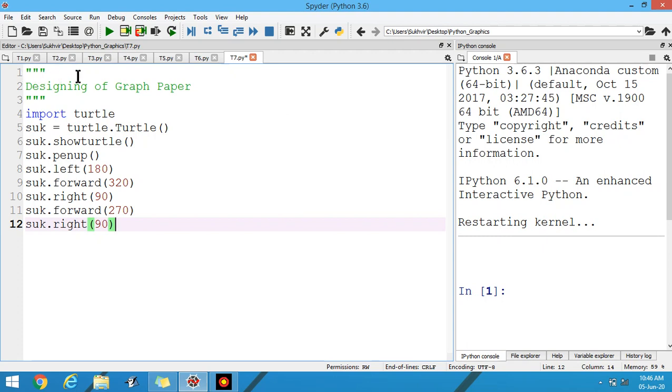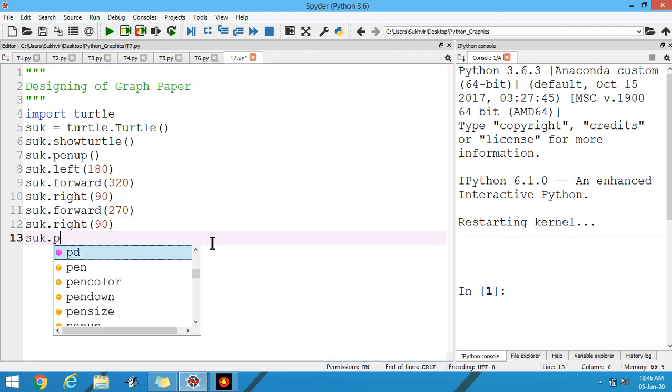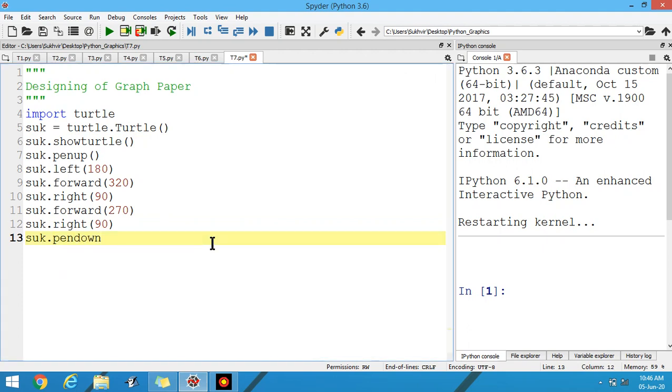Basically we are designing, we are moving from the top left to the right position. We have to write pen down now, pen down, because we have to draw the line now.